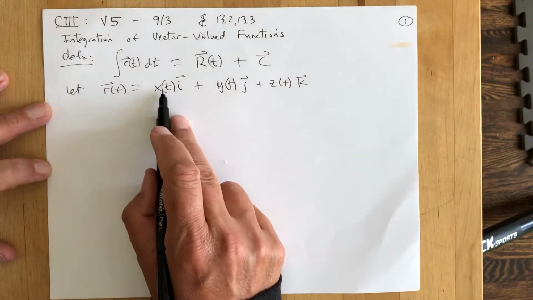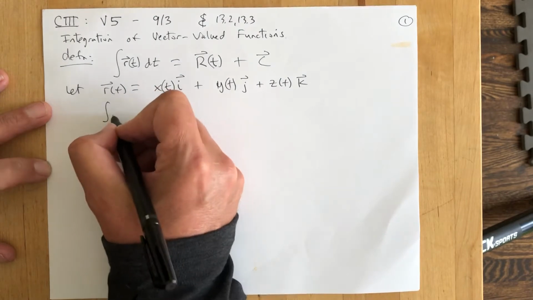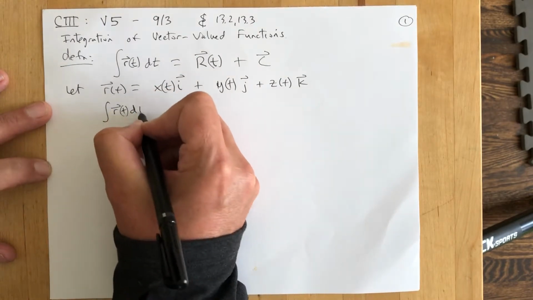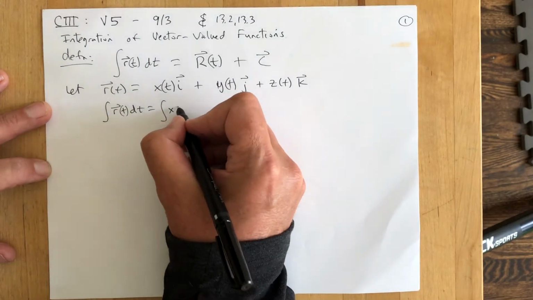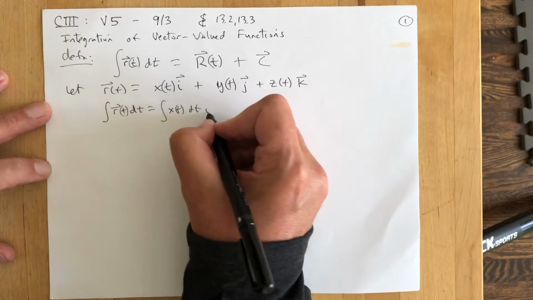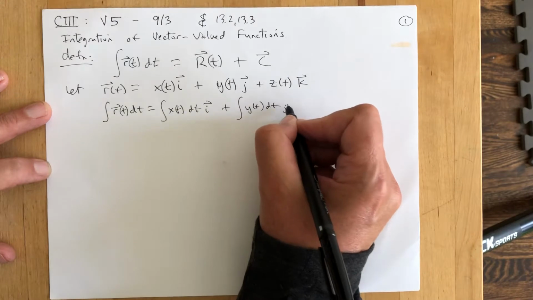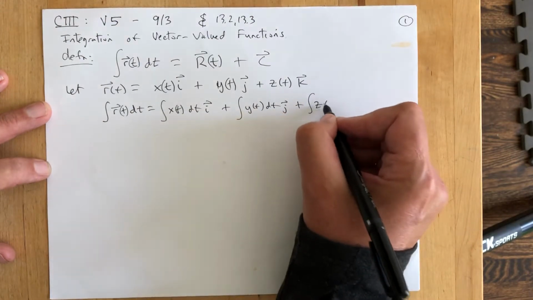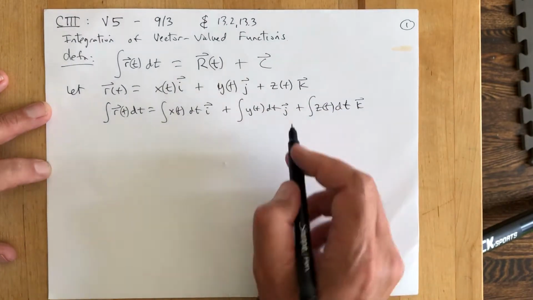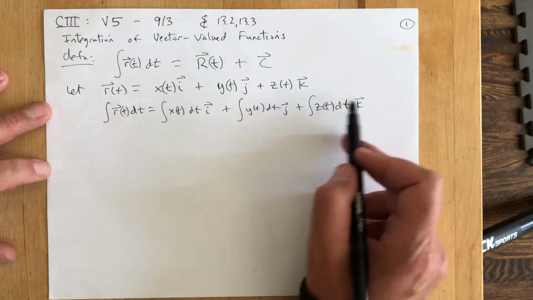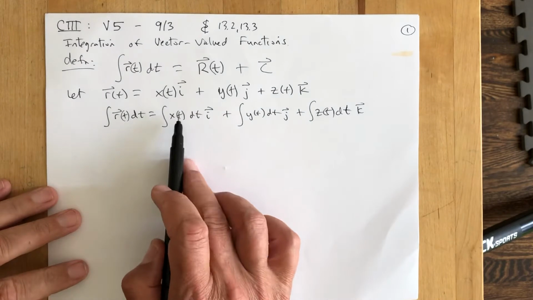Right, so now I have some function x of t in front of the i, y of t, and if I take the integral of r of t dt, this is just going to be the integral of this guy times i plus the integral of this guy times j plus the integral of this guy times k. And these i, j, and k are not inside the integral. You're not integrating i, j, or k. Those are just components. So it's exactly as we've been doing, and now you just go piece by piece.